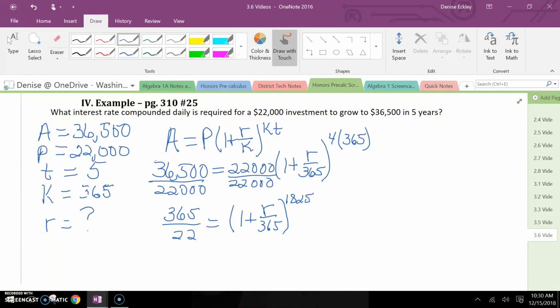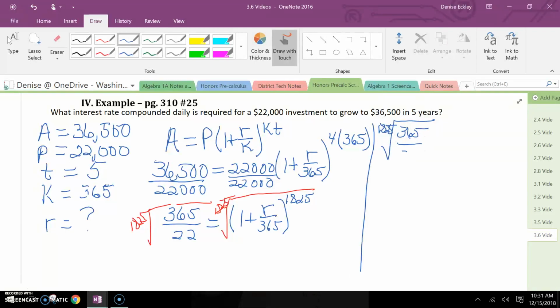So we are now going to have to take the root of that. So we're going to take the 1825th root. So we're left with the 1825th root of 365 over 22.